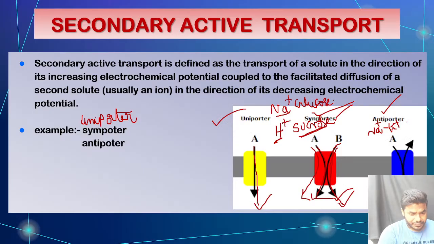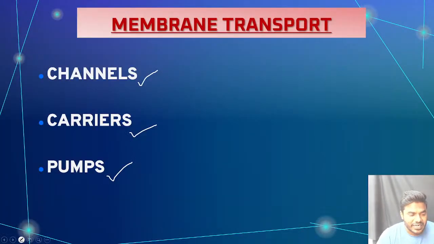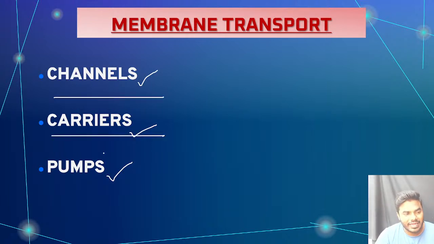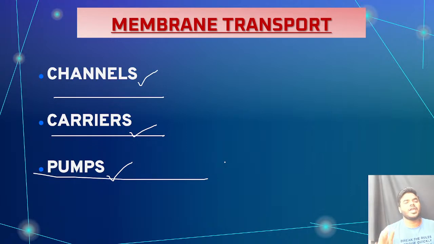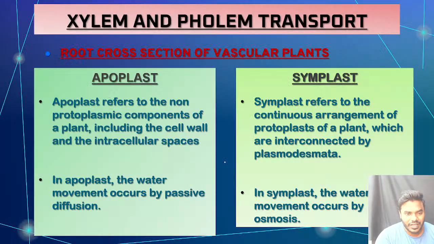So friends, right now we have studied the transporter molecules present on the plasma membrane which are responsible for the movement of ions, like channels, carriers and pumps. Now we have to study how water is moving, how ions and minerals are moving through the xylem, and how food is transported through the phloem. This is the most important point where we can expect questions.